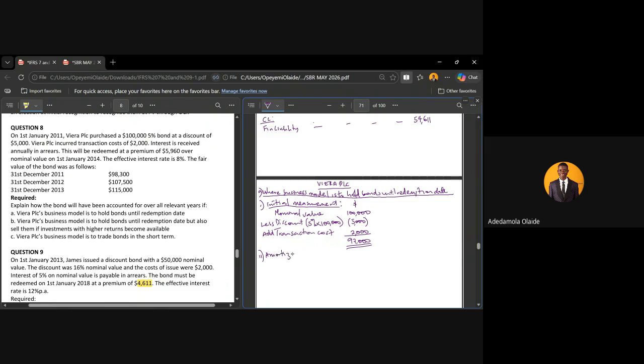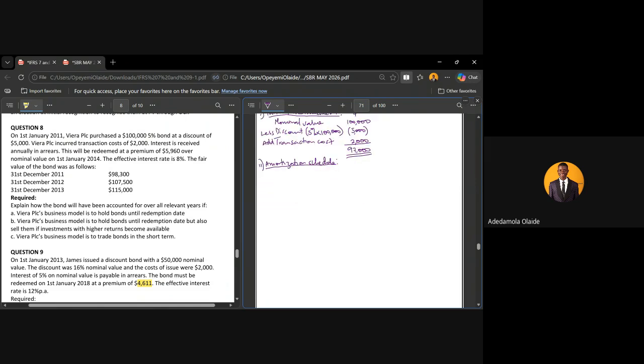Our amortization schedule will be: a year, opening balance, the interest at the effective interest rate, which is 8%, the payment at the nominal interest rate, which is 5%.